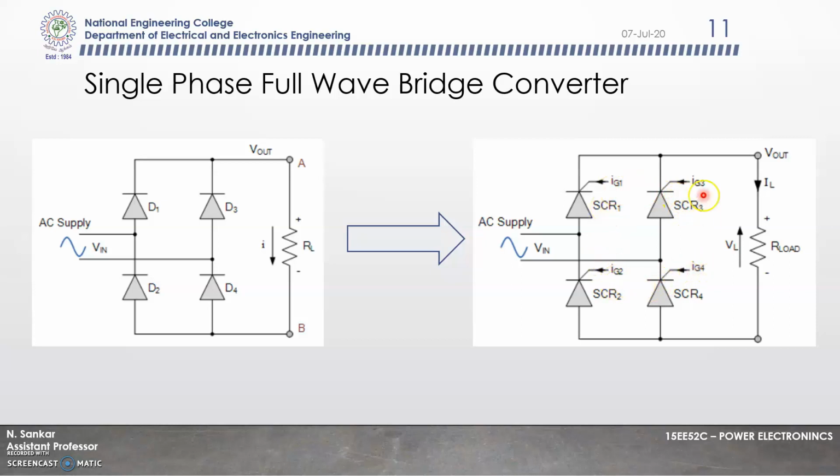We will trigger the SCRs based on our desired output voltage. By changing the firing angle of the SCRs, we can control the output voltage across the R load. We will see how that is done.